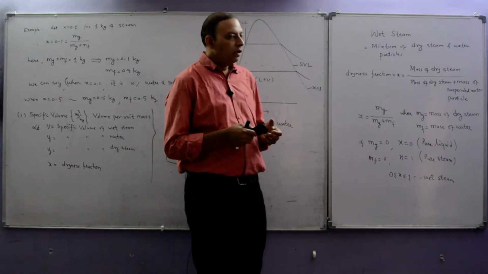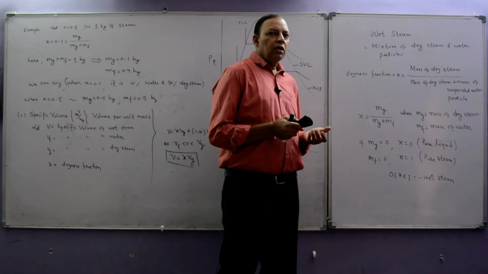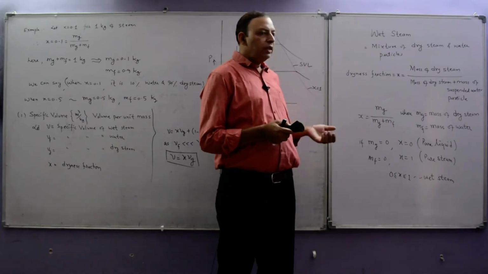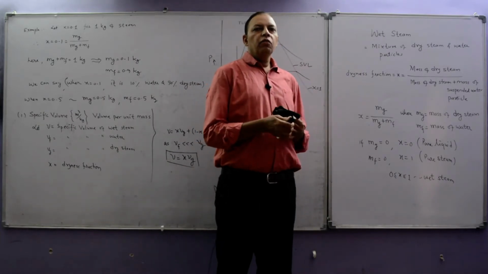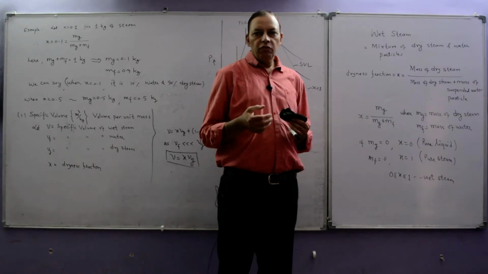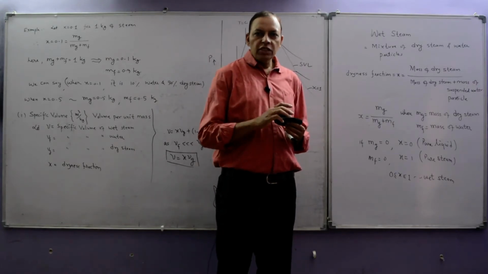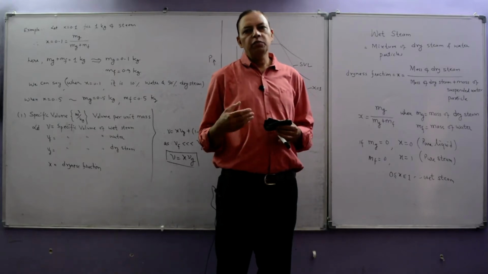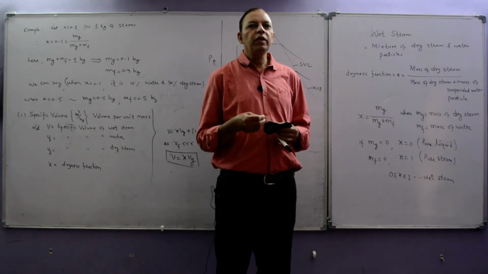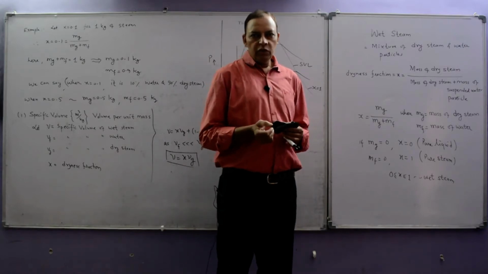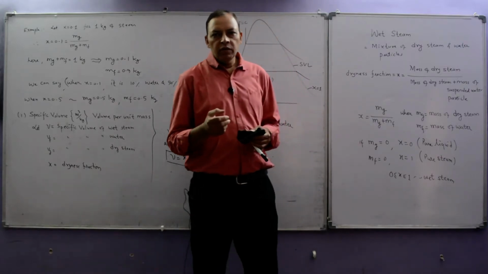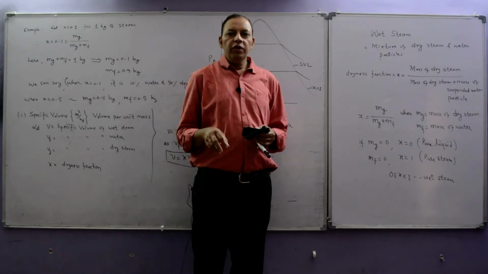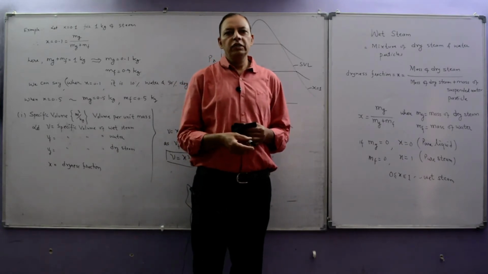In this lecture I will include what is wet steam and what are the properties of wet steam, what is dry steam, what is superheated steam, and how we will calculate its properties with the help of steam table and Mollier chart. So again, this topic is important for the concept of properties of steam.